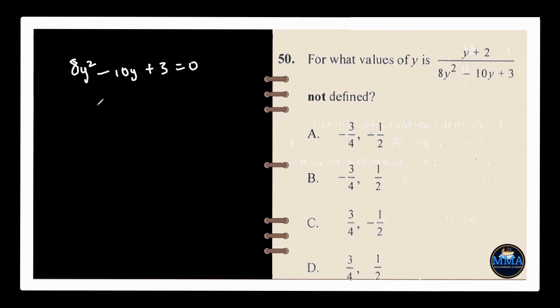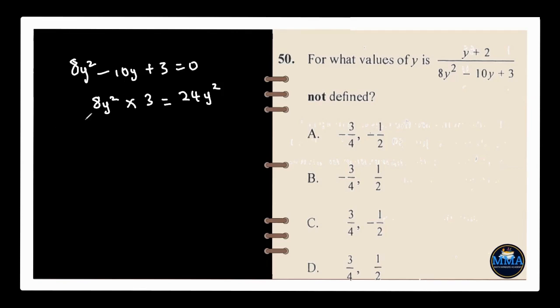8y² times 3 will give us 24y². So we are looking for the factors of 24y² such that when we add the two factors together, we'll get minus 10y, and when we multiply these two factors together, we should get 24y².